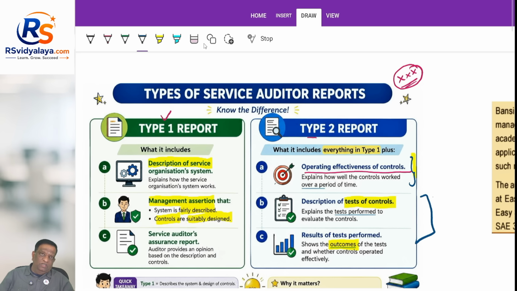Look at the question from your study material. Now, this Bansi Group is a leading institution running prestigious postgraduate courses in the field of management.